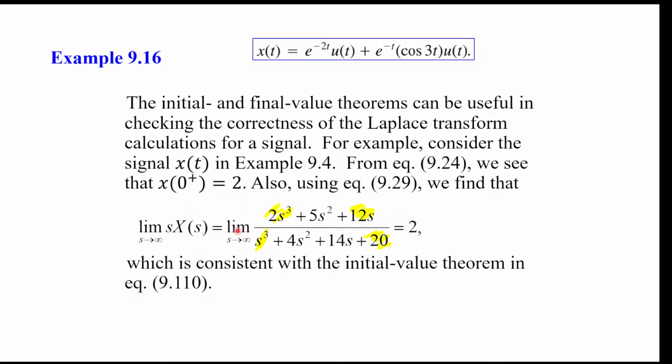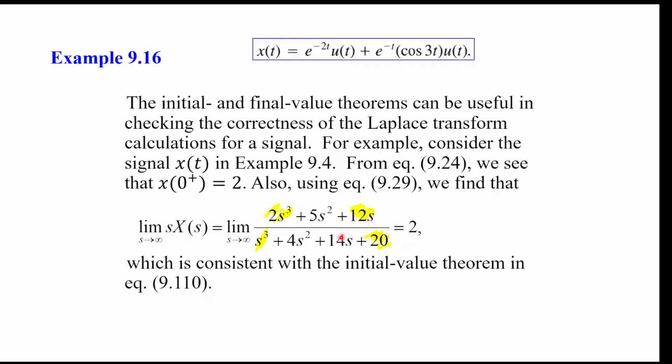Okay, we already calculated big X of s, and when you multiply by s, it becomes this rational function: 2s cubed plus 5s squared plus 12s over s cubed plus 4s squared plus 14s plus 20.